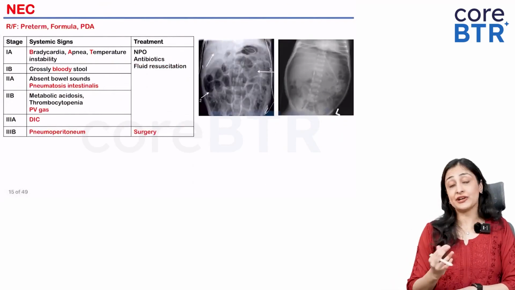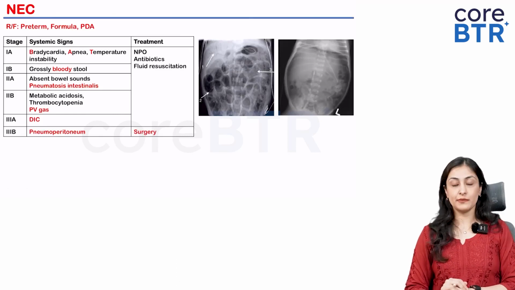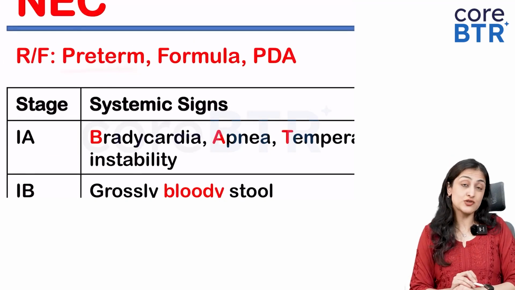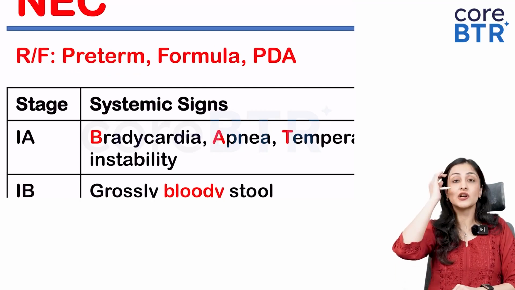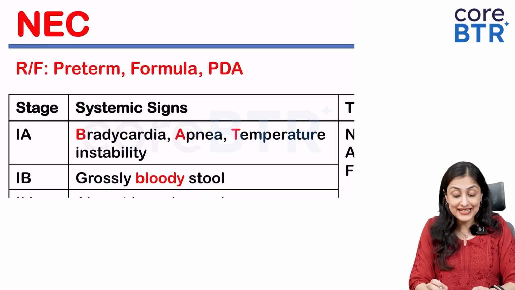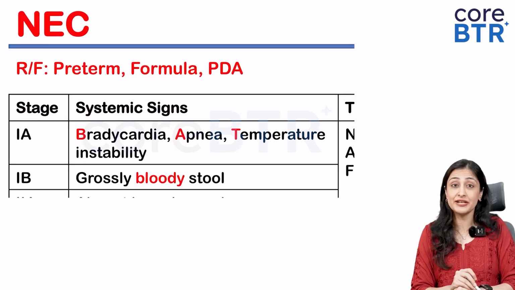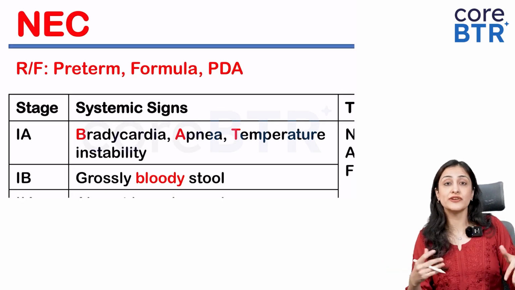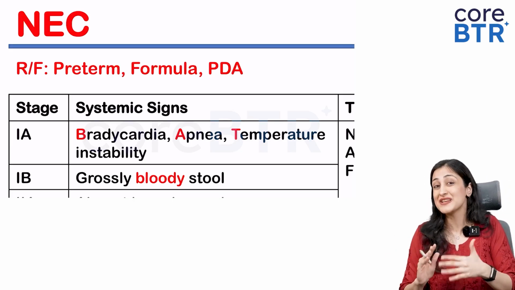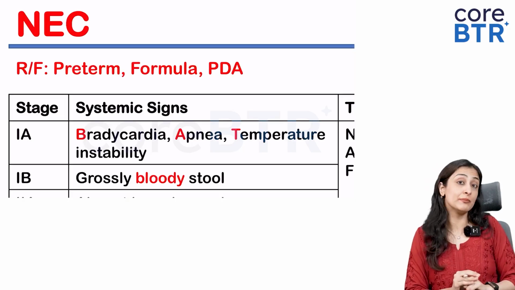Then we go to necrotizing enterocolitis. Very, very important. So this is what is a result of one, preterm, right? So prematurity complication because the gut is not mature enough to handle food, right? Second, formula food. So breastfeed is, you know, nature is always superior than whatever else we can try to do to mimic nature. So breastfeeding is meant for the baby's gut.